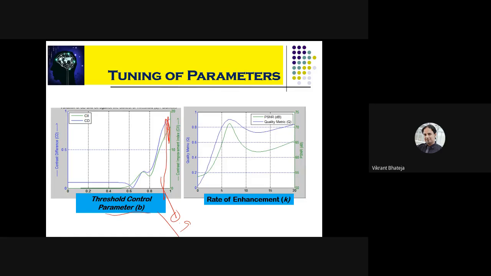Similarly, if you see the rate of enhancement K, or the amplification factor, you see the peak is coming over here. That means if we choose a value somewhere between 5 and 10, you may get a good result over here.